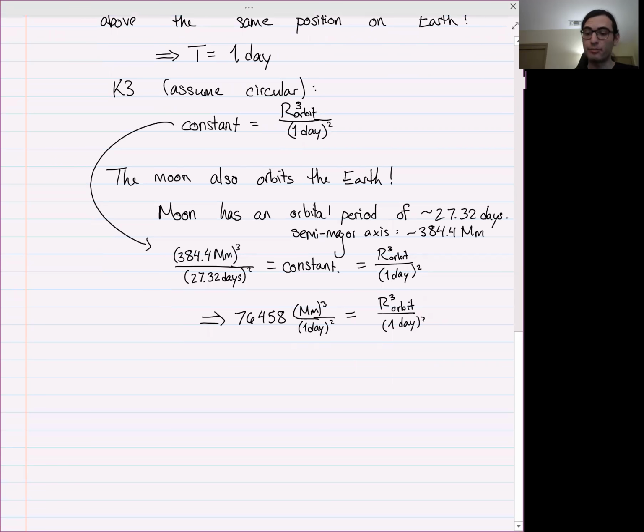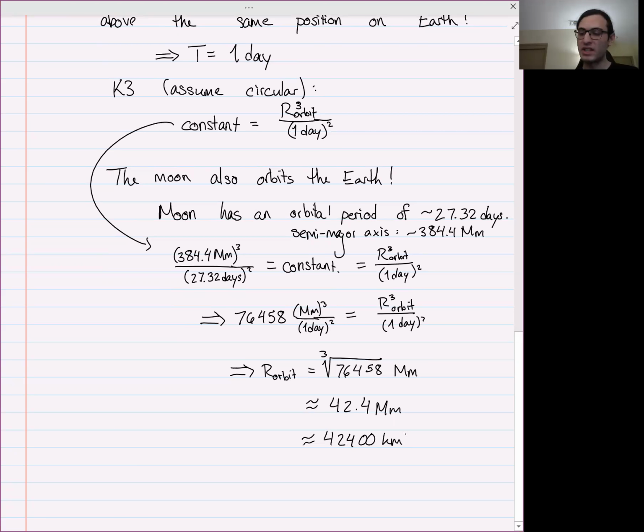And now you can just solve. So that implies that the distance that our satellite must orbit from the center of the Earth is the cube root of 76,458 megameters, which is about 42.4 megameters, or about 42,400 kilometers.